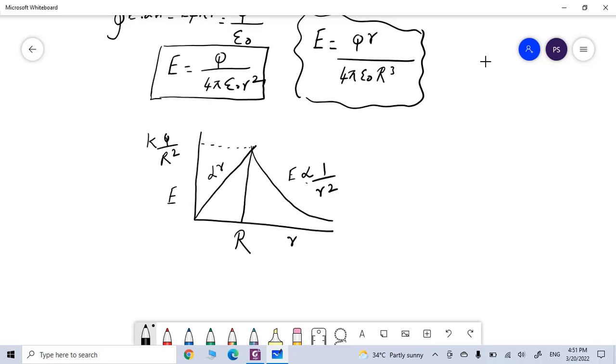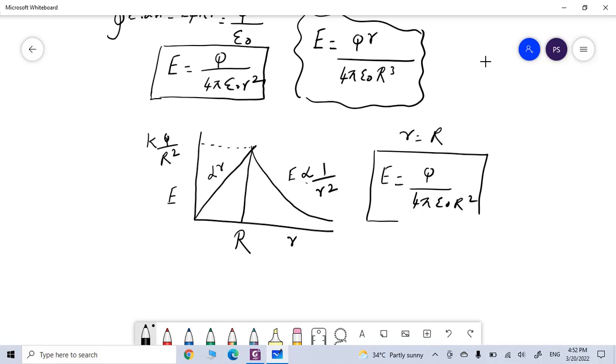Suppose here at the surface, if small r equals capital R, then this will be equal to q over 4 pi epsilon 0 r square. This is the electric field at the surface of the sphere, which is equivalent to kq over r square. So using Gauss's law, we are now able to very easily calculate the value of the electric field in the case of spherical symmetry.